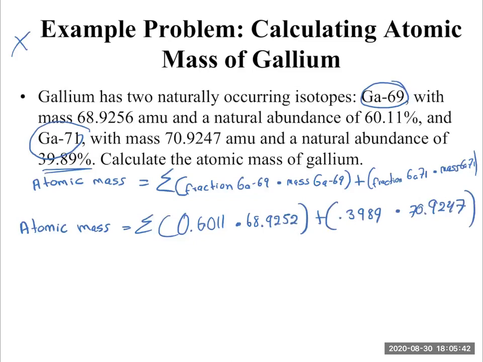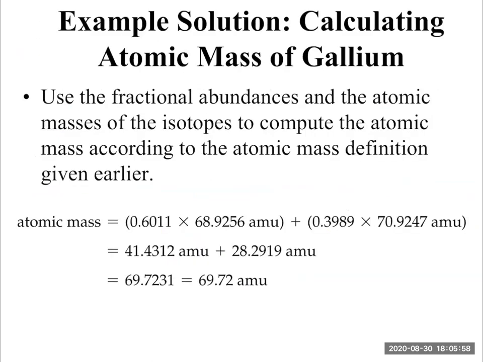And when you do the math, your answer should be in 4 significant figures. You should have 69.72 AMU. You don't want to forget your units. Here's the answer below. Make sure you guys know how to do those problems. This problem will definitely be on the exam.